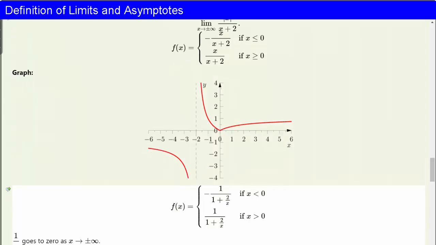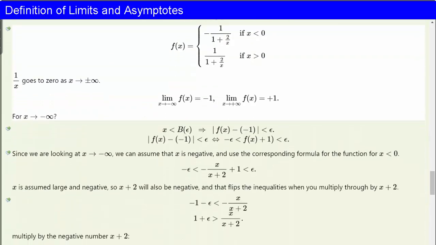When we are dealing with questions of limits at x equals plus or minus infinity, it often helps to divide numerator and denominator by the largest power of x in sight. If we do that, we see that the definition of this particular function becomes f(x) equals minus the ratio 1 to 1 plus 2 over x for x negative, and f(x) equals plus the ratio 1 to 1 plus 2 over x if x is positive.